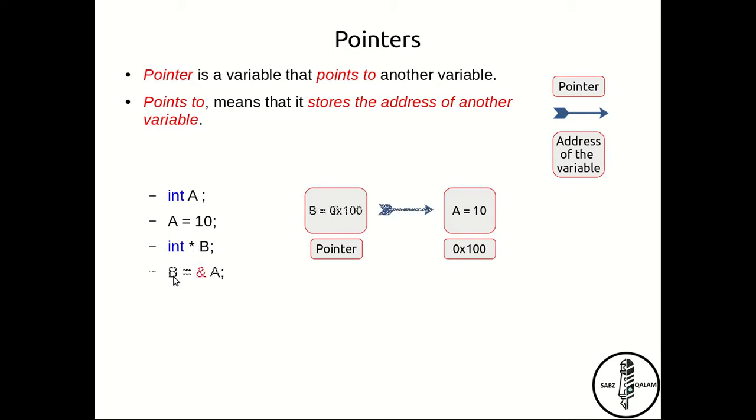And when we say b has been assigned the address of a, remember a pointer points to another variable because it stores the address of the other variable. Whenever in English you would refer to this ampersand, here you're going to refer to it as the address.